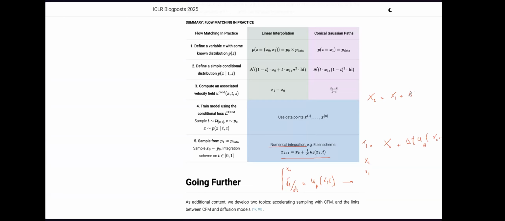Delta t times approximate velocity u theta. So velocity is delta x over delta t, right? Do you agree with me that the velocity is delta x over delta t, which means that x1 plus delta x should give you x2. So this is an approximation of integrating it.